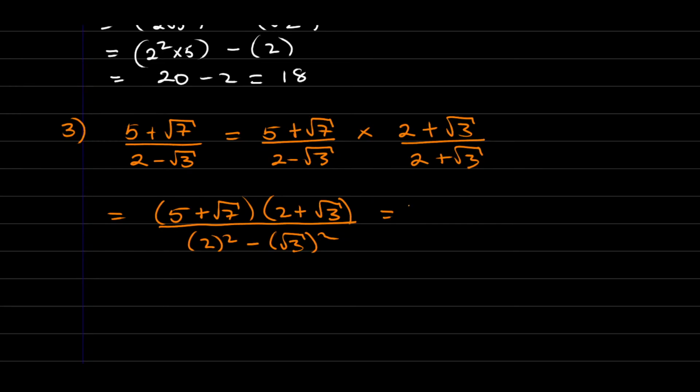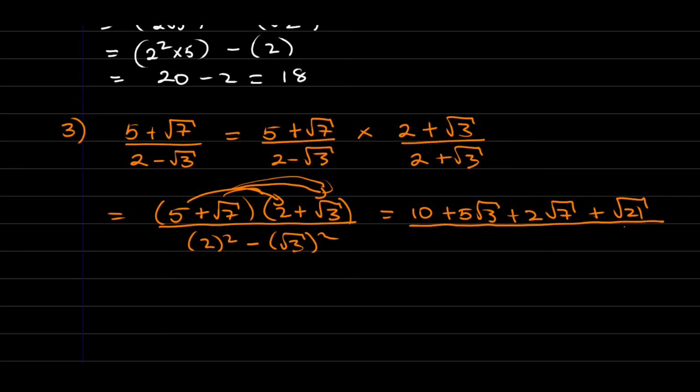And let's expand it out. So 5 2s are 10, so I'm going to take this, multiply by this, take this, multiply by this, and I'm going to get plus 5 root of 3, and then take this, multiply by that, and I'm going to get plus 2 root of 7. Take this, multiply by this on the end here, and I'm going to get plus root of 21 all over 2 squared, which is 4, minus 3, root 3 squared is 3, so that's 1.